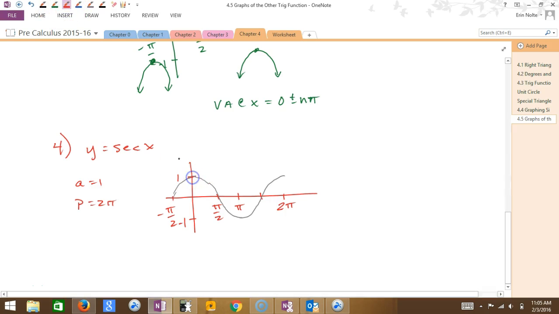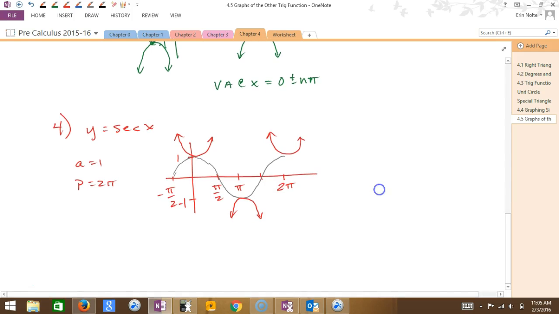So this max is going to be the bottom of a parabola right here. And this min will be the top of a parabola. Okay, so again, these parabolas keep alternating up and down from negative infinity to positive. So just like a whole bunch of parabolas.